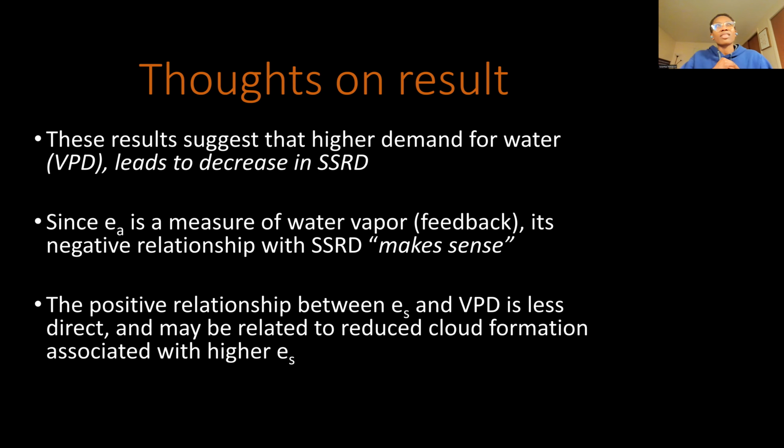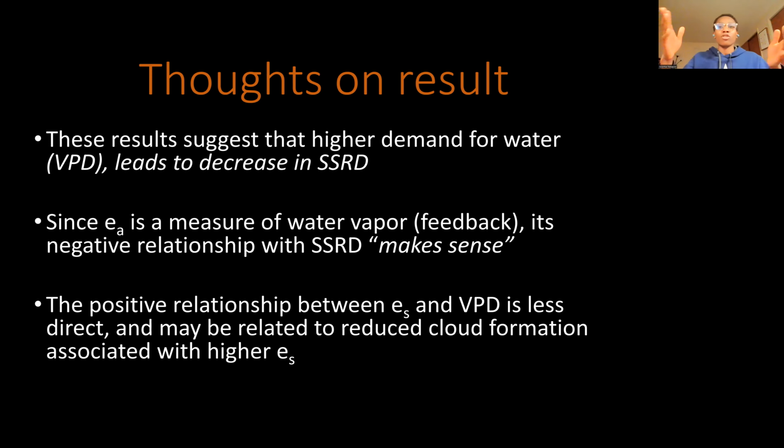What I thought about is that the positive correlation between ES and solar radiation could be because when there's high atmospheric demand for water, you have less cloud formation. But the relationship between VPD and cloud is more complex, right? When you have higher saturation vapor pressure, you need more water for humidity to be 100% for you to have cloud formation.